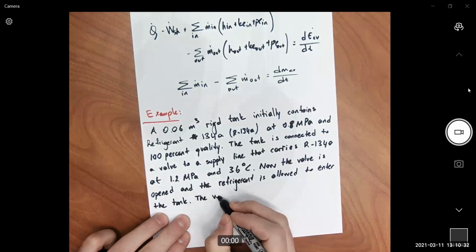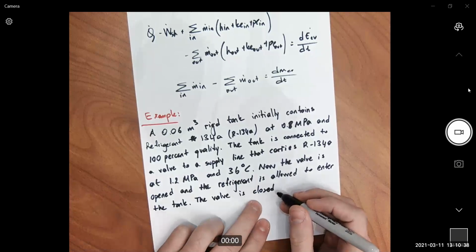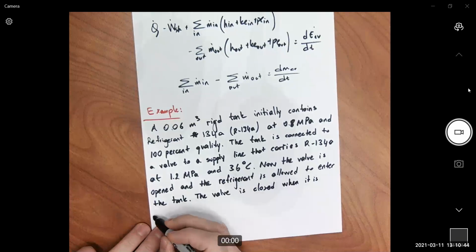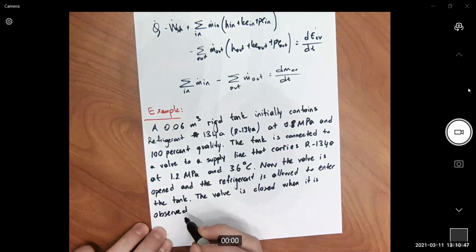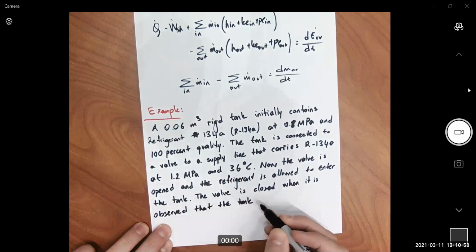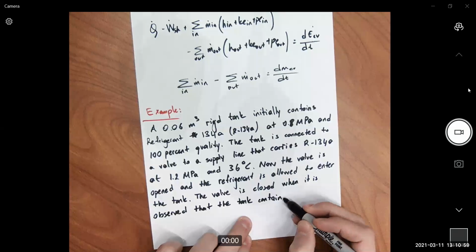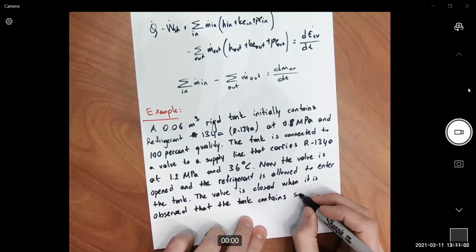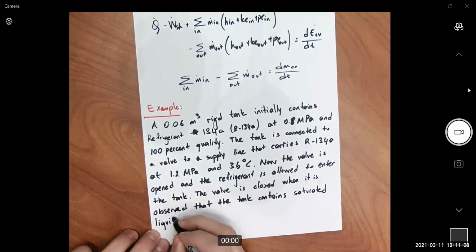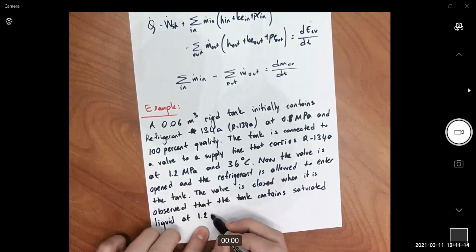The valve is closed when it is observed that the tank contains saturated liquid at 1.2 megapascal.